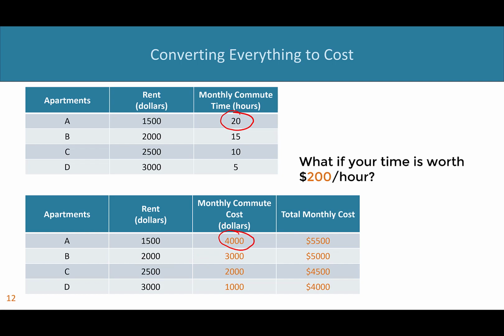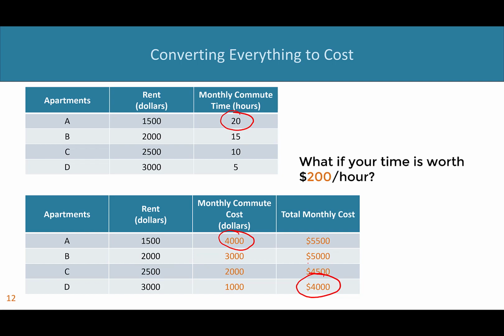When we add these up, the rent and the monthly commute costs, we can see that in the total monthly cost, our best apartment now is apartment D. Now that shouldn't really totally surprise us because we've just said we went from $100 an hour to $200 an hour. That means that our commute time has become more valuable to us. We're paying more per hour of commute time.